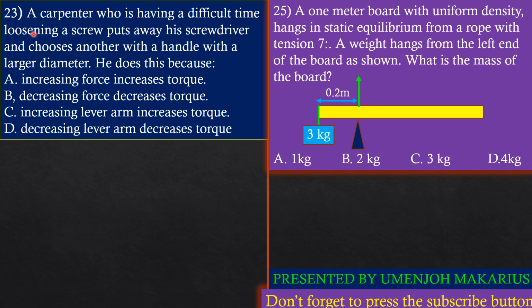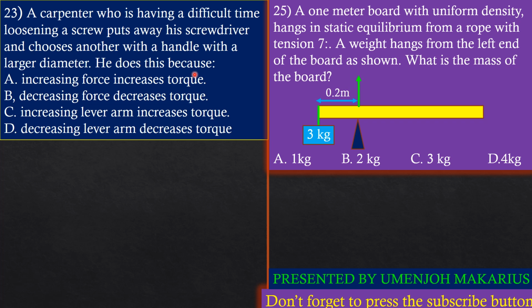Question 23 is saying that a carpenter who is having a difficult time loosening a screw puts away his screwdriver and chooses another with a handle with a larger diameter. He does this because A, increases force, increases torque. Okay, so guys, let's have a general scenario of the problem.